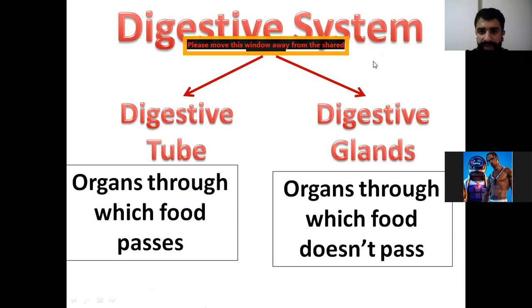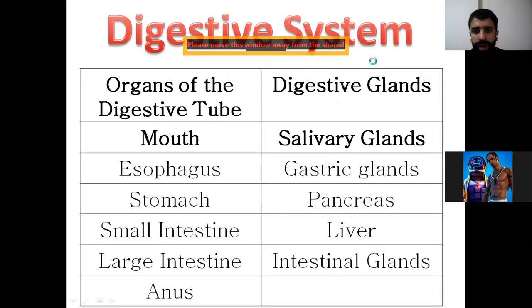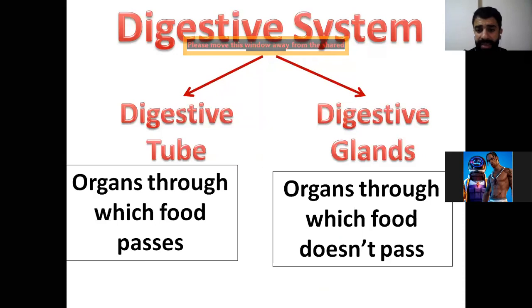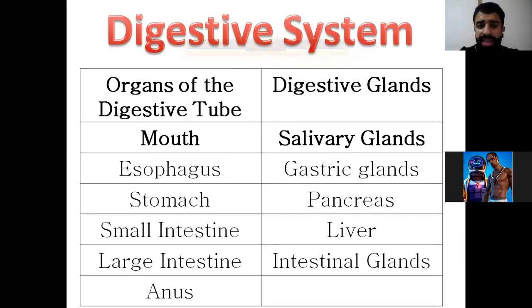So first, the digestive tube organs are organs through which the food can pass, and digestive glands are organs through which food doesn't pass. In the digestive system, we have organs of the digestive tube and the digestive glands.